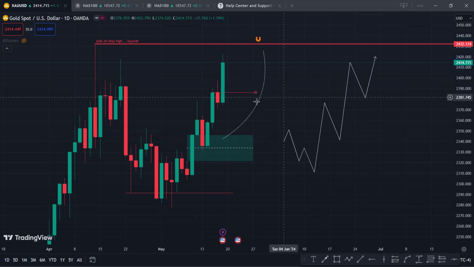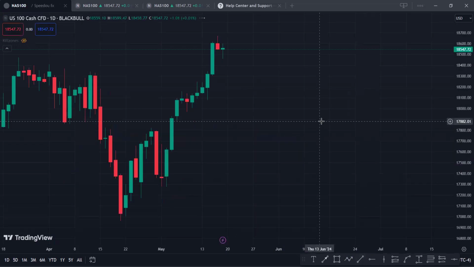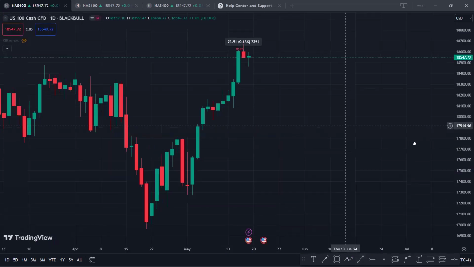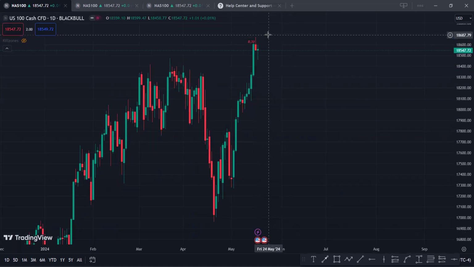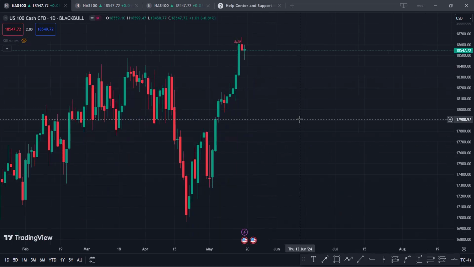So this is what I have for dollar index, for gold, weekly time frame. And for Nasdaq, honestly, let me not talk too much. For Nasdaq, I don't have a bias at all. I don't have bias for now. I don't know if they are going to respect this fair value gap, keep on going, or after purging this side liquidity, they are going to make retracement.